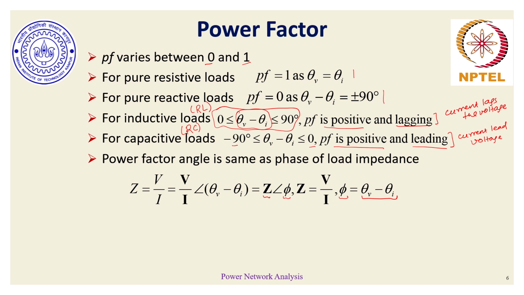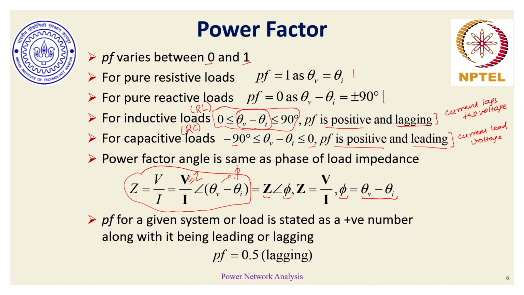How does that come about? We can simply make use of this analogy here, where we compare the ratio of RMS voltage and current to be equal to capital Z, and the phase angle is nothing but phi, which is the power factor angle.